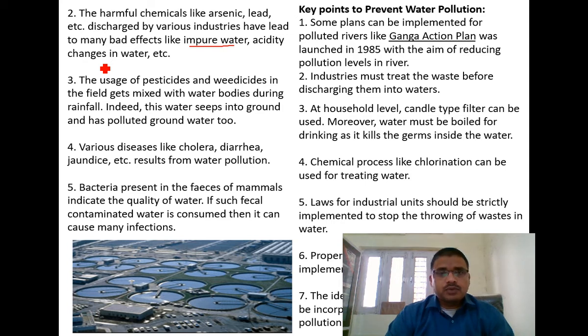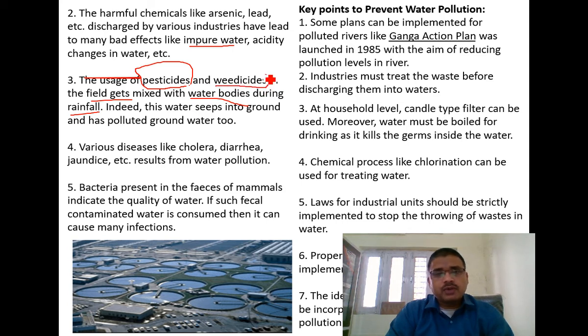The pesticides used in the field get mixed with water bodies during rainfall. A pesticide is basically a kind of chemical used to protect our crops.